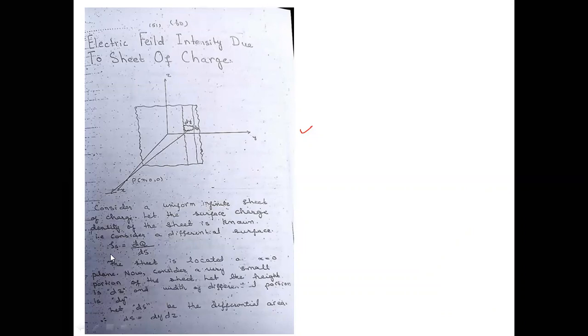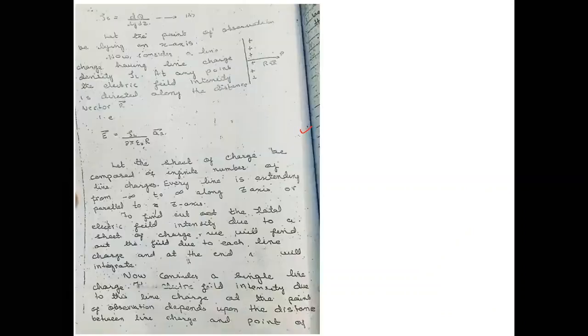So as we know that rho s is equal to dq over ds. Let ds is equal to dy dz, as I have told you from the figure, that ds is equal to dy dz, two axes. Okay, so as rho s is equal to dq divided by ds, replacing ds by dy and dz.